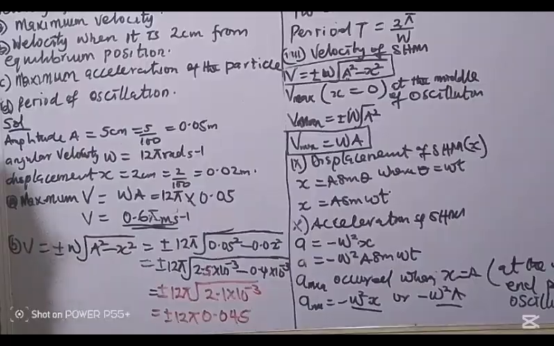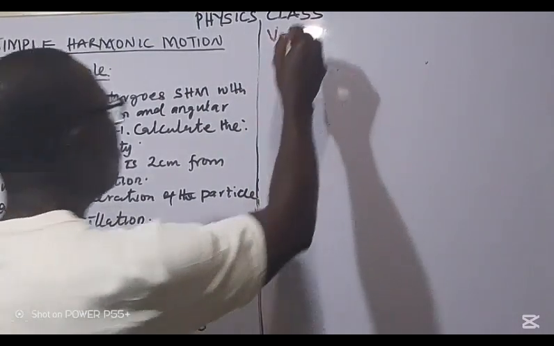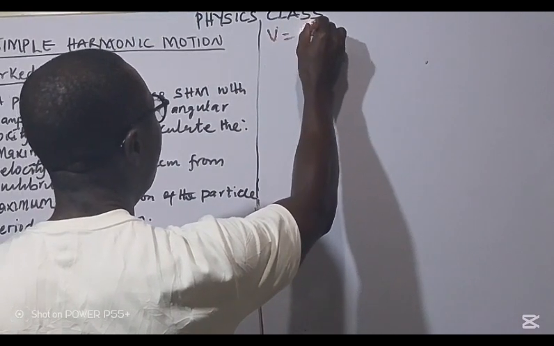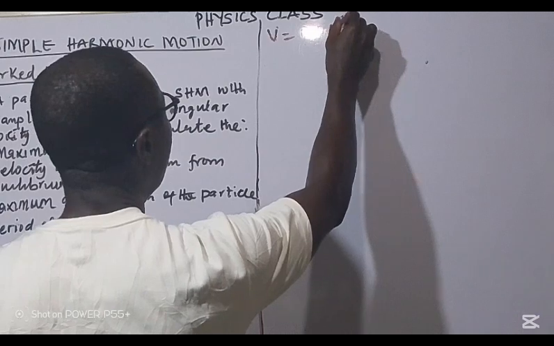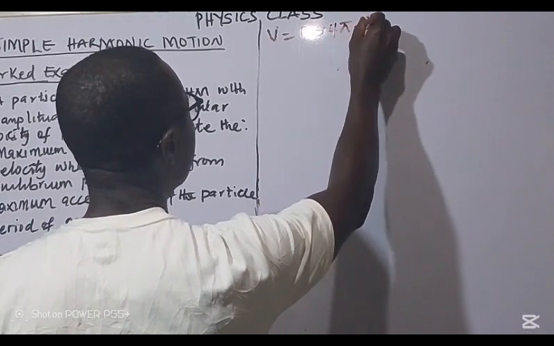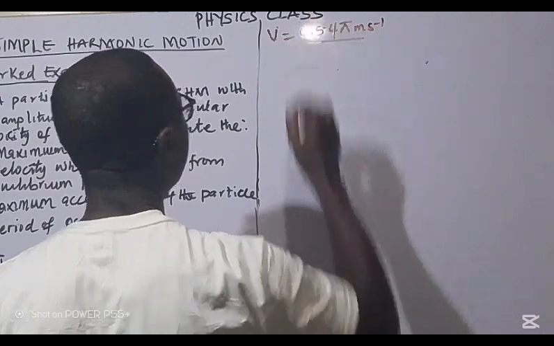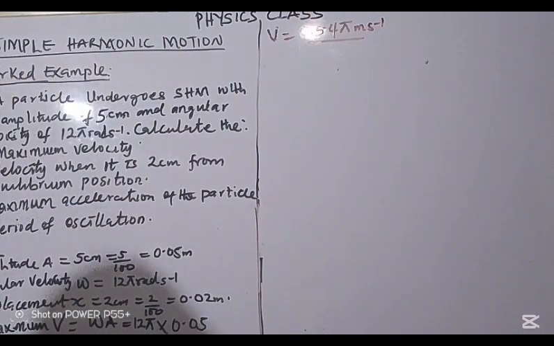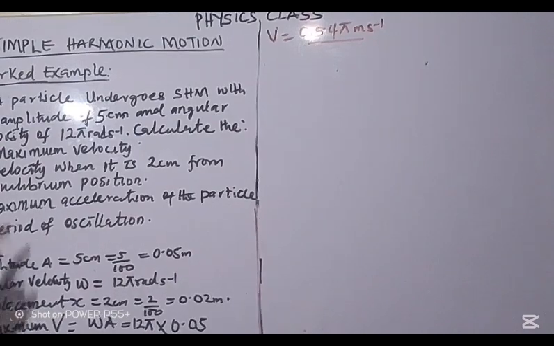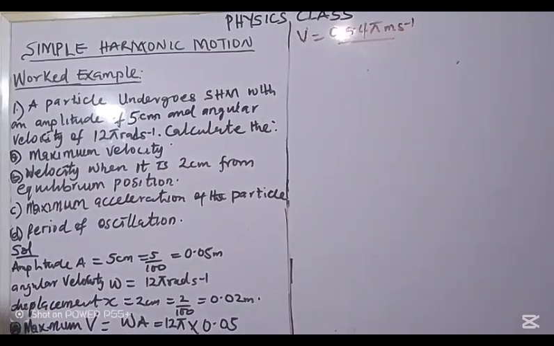V will be equal to 0.54 pi meter per second. That is the value of velocity when it is 2 centimeters from equilibrium position.